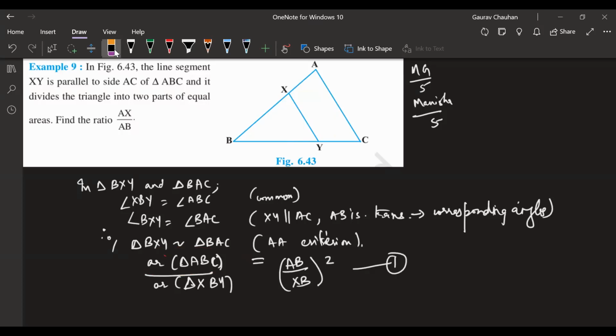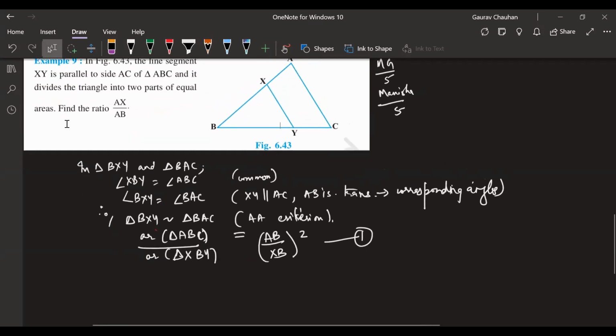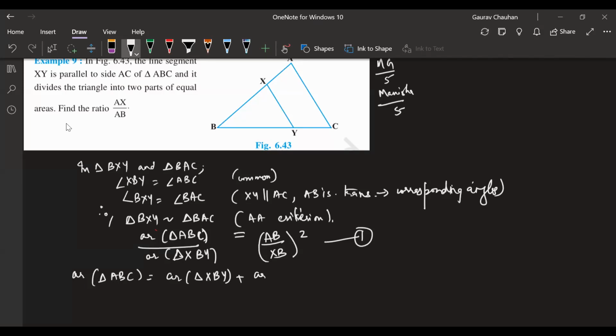Or let me do it step by step for you. Let me quickly do it. Okay. So here I have, I'm just doing it step by step for you. Area of triangle ABC is actually equal to area of triangle XBY plus area of XACY. Everyone okay so far? The bigger triangle area is equal to this area plus this area.